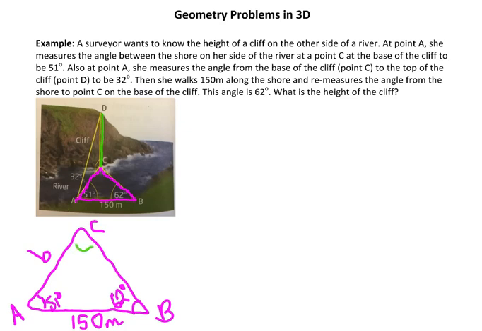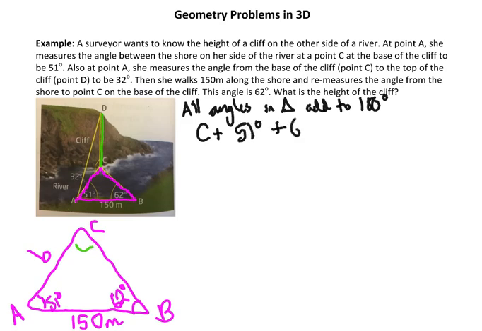Fortunately, I can figure out this angle though. So angle C, I do know that all the angles in a triangle add up to 180 degrees. So that means that angle C plus 51 degrees plus 62 degrees will equal 180 degrees.